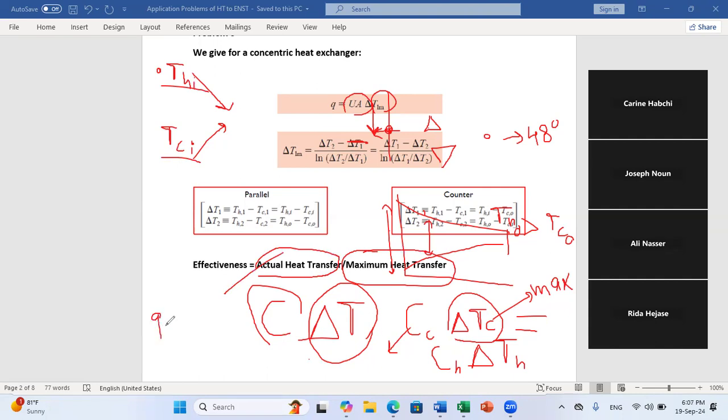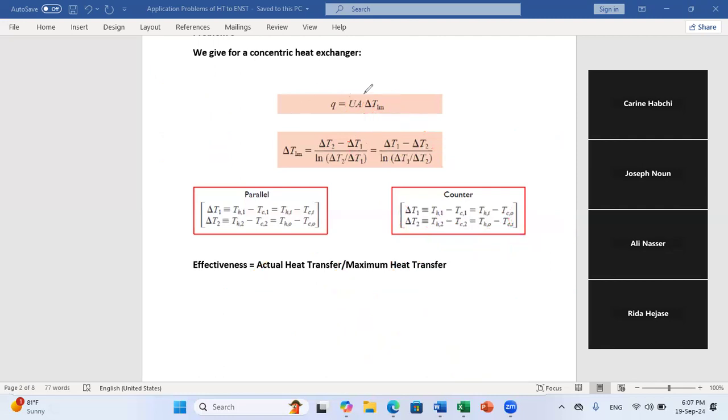So Q is UA delta T, and here I provided you with the formula. You just have to apply this formula to get delta T logarithmic. As we said, depending on whether it is parallel or counter, the formula will change. Since we have counter configuration, we should adopt the following calculation.